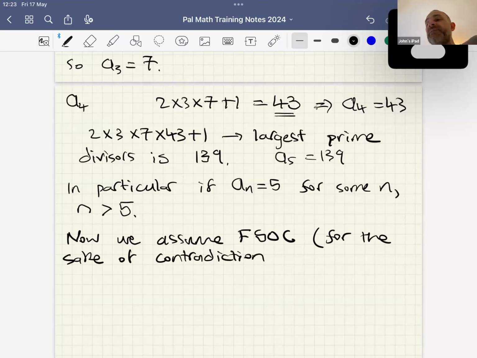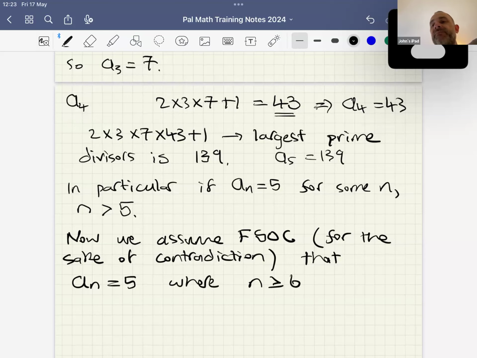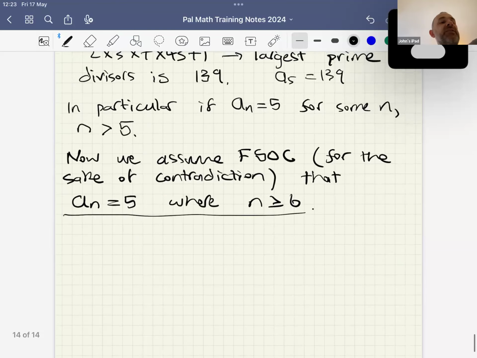I'd be interested if there's an Arabic version of FSOC, if anyone knows. We assume that in fact AN is equal to 5, where now we know that n is at least 6. We're going to assume this, and then show that it leads to a contradiction.